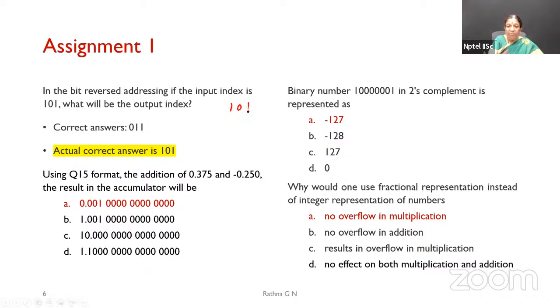Because we are considering only 3 bits, we'll be adding 100 to it. 1 plus 1 will be 0, and then the result is going to be 011 in this case. The correct answer, we have shown it in the PPT. In the PPT, we have shown this is 101.